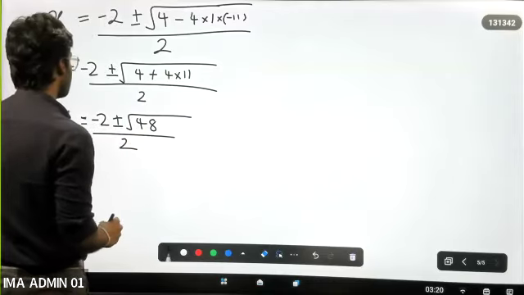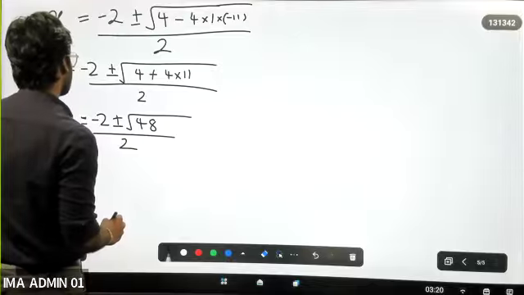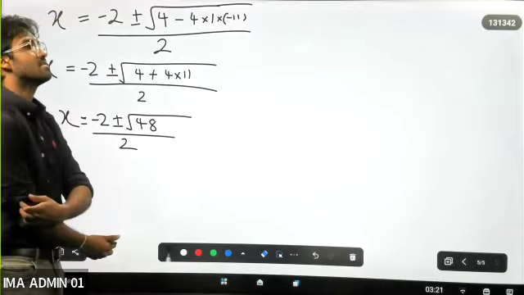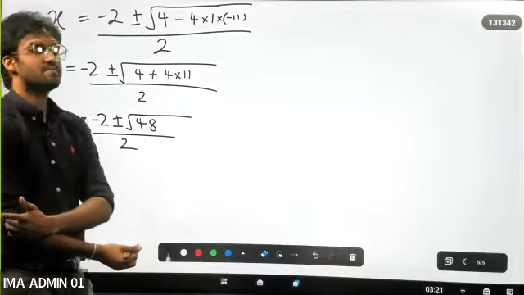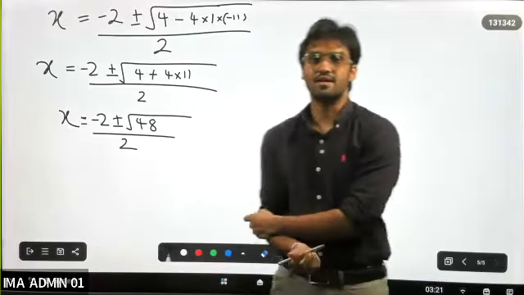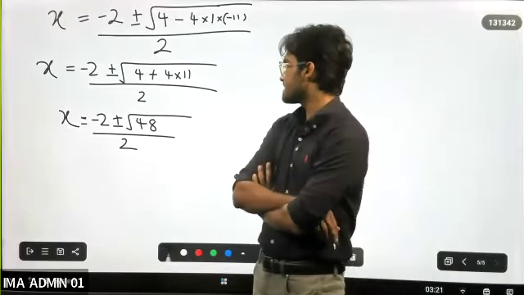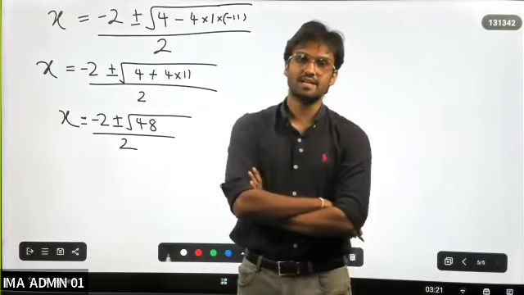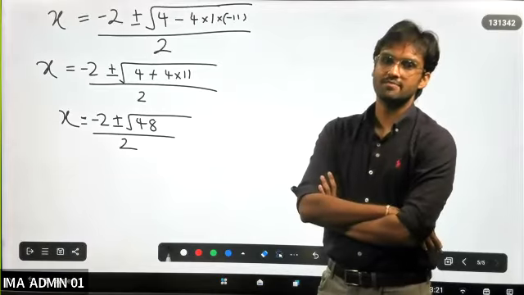I could write down this as actually 48. We know 12 multiplied by 4 is 48, right? 12 multiplied by 4 is 48. And the 12 we can write it as 3 multiplied by 4.